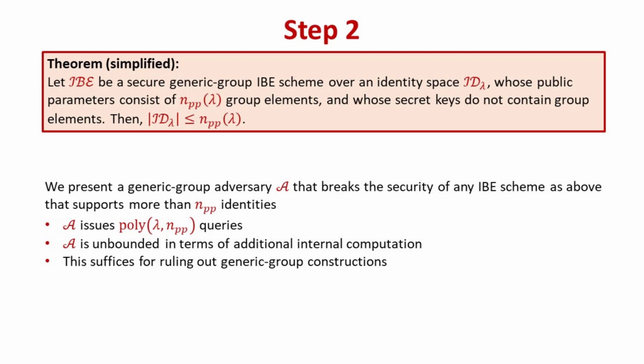Our attacker issues a polynomial number of group operations and equality queries and is otherwise unbounded in terms of additional internal computation. This flavor of efficiency is standard in the generic group model, and it suffices in order to rule out generic group constructions.